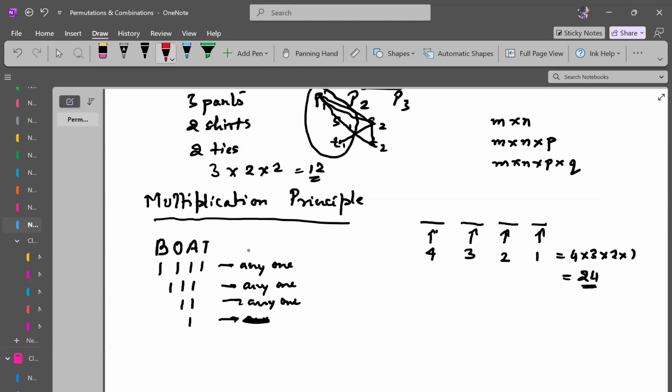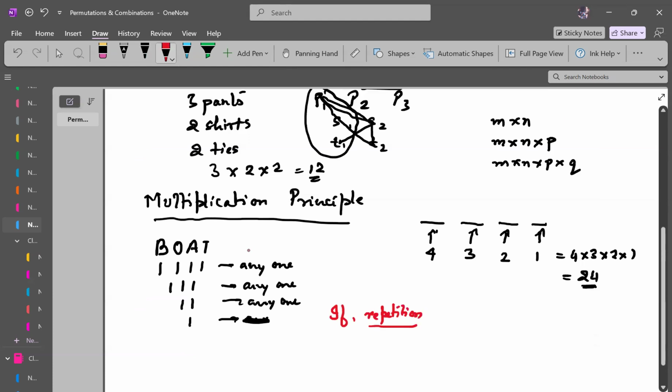Now, what if repetition is allowed? You can repeat every letter, meaning you can repeat any letter at any place. So how many possible answers?